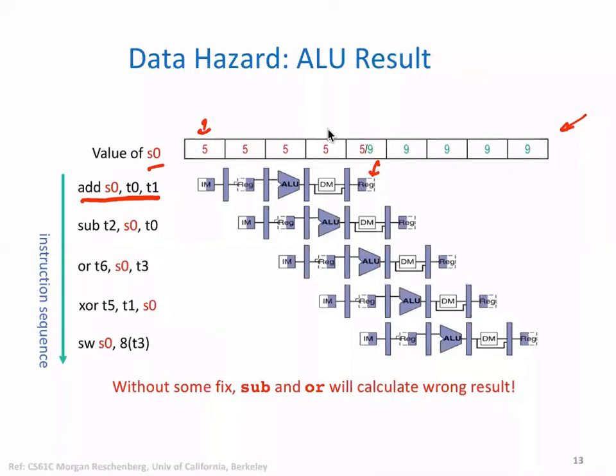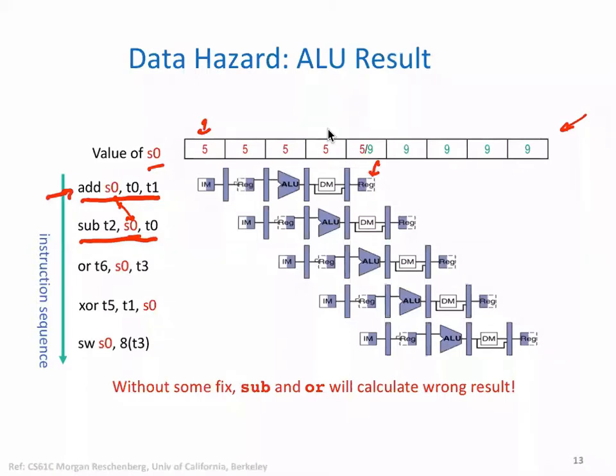Okay. The next instruction is subtract T2, S0 and T0. Now we are using the value of S0, and the semantics say that it is the S0 that's available from the first instruction, right? So when are we using S0?